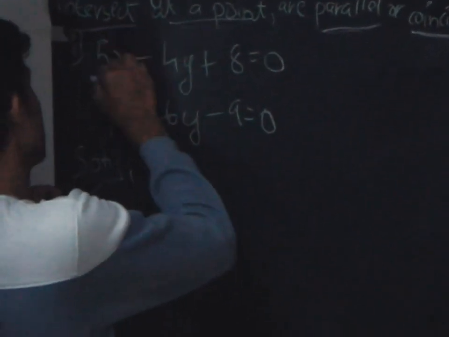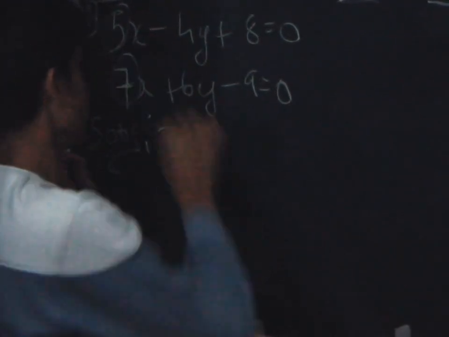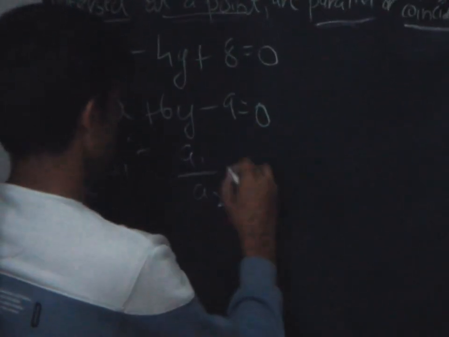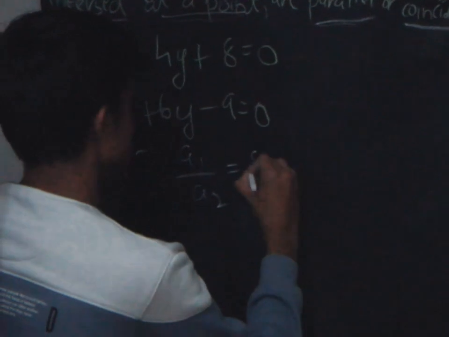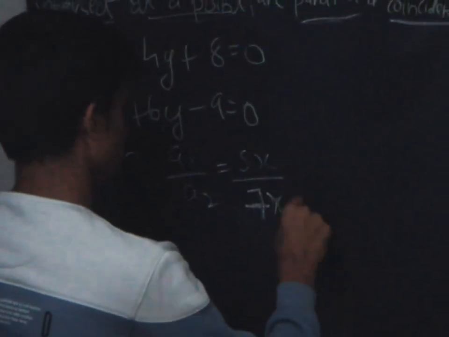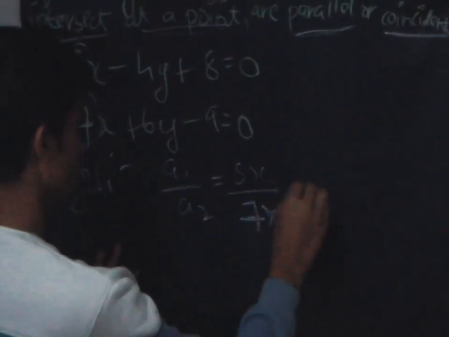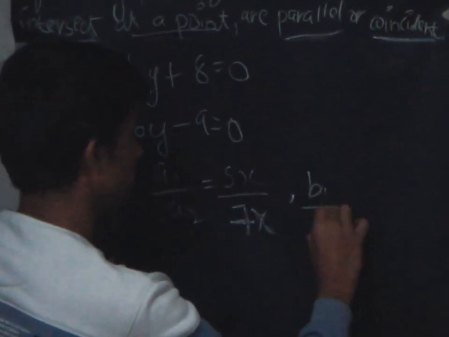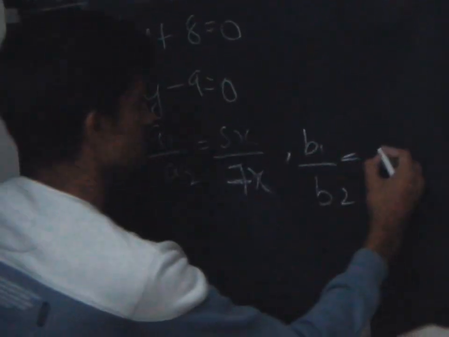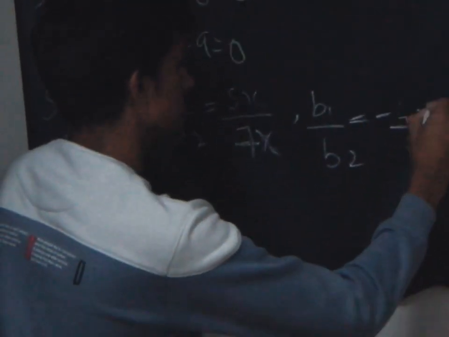So this is A1. 5 is A1 and 7 is A2. A1 by A2 is equal to 5x by 7x. Comma. B1 by B2 is minus 4x by 6x.